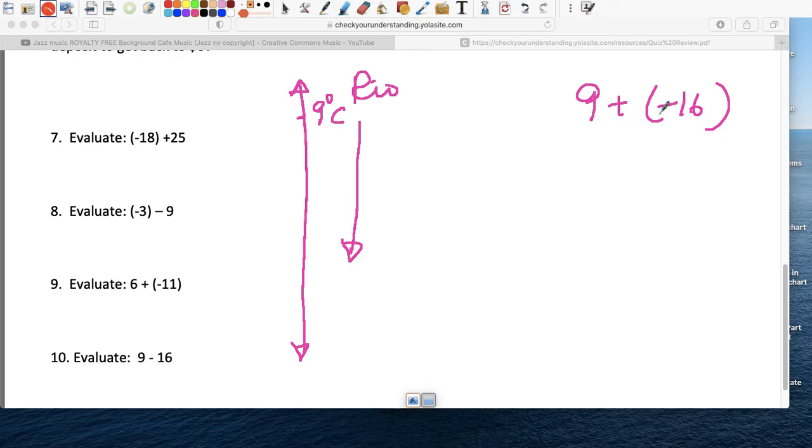So from 9 degrees, it's going to drop 16 degrees. So if it drops 16 degrees, and let's pick a country, let's just pick New York, winter time, and it drops, and when you land in New York, what is the temperature? -7. Okay? That's it.